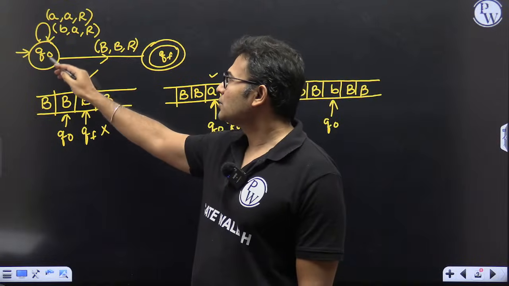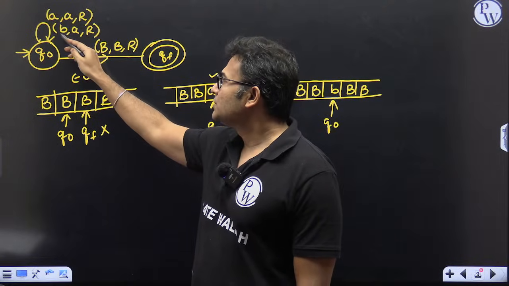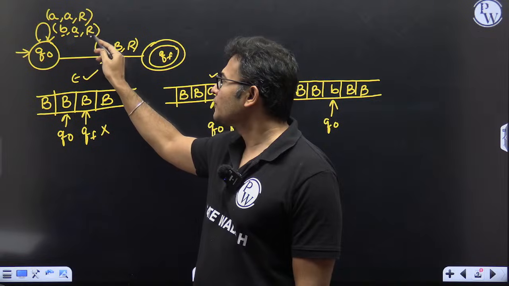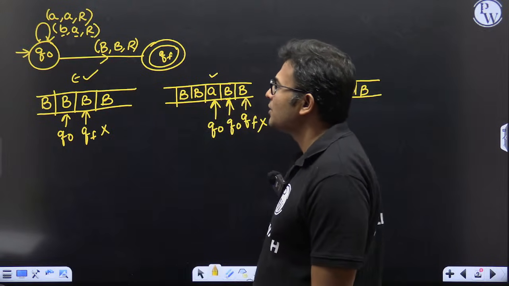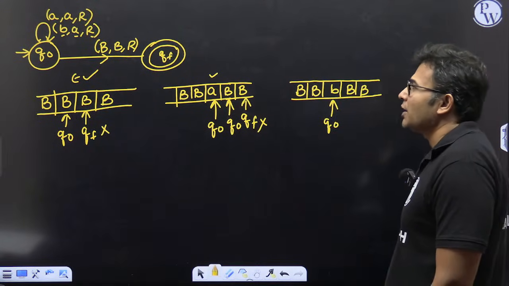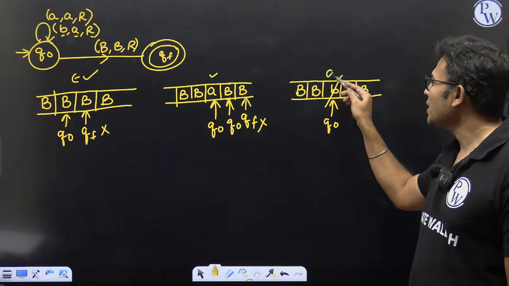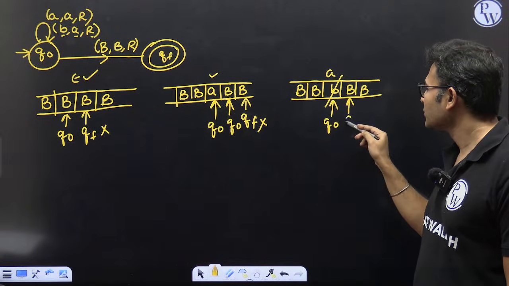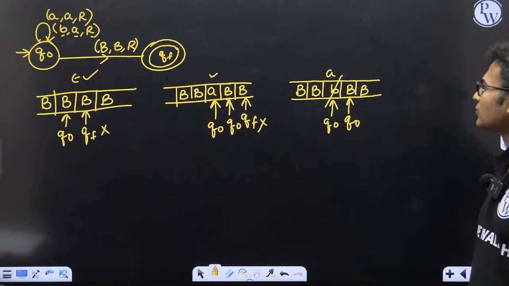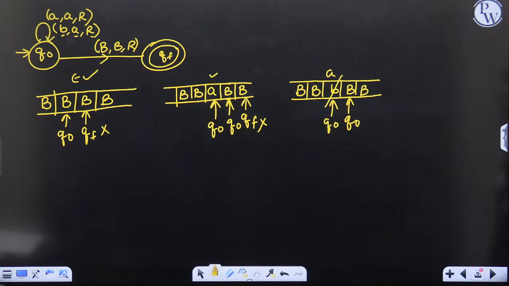On Q0, on small b, it is changing small b to small a and moving right into Q0.